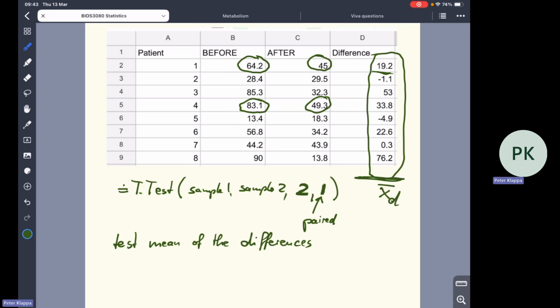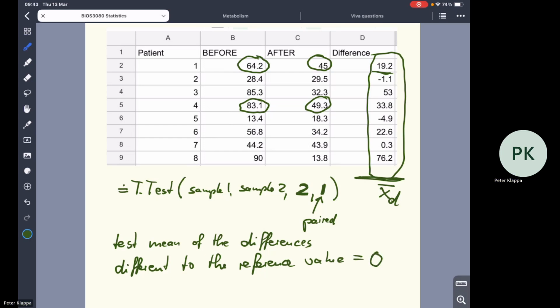Let's call it x bar d, the mean of the differences. And we ask, is this different to the reference value equals 0?